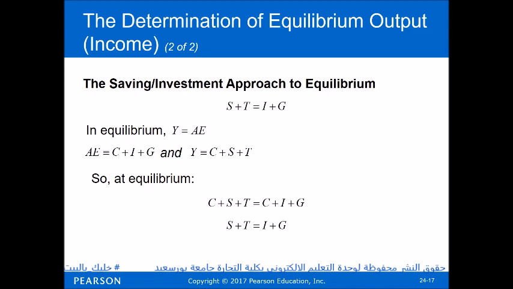We also know that aggregate expenditure, or AE, equals C plus I plus G. And we know that Y equals C plus S plus T. So at equilibrium, substituting for Y and also for AE, we will find that C plus S plus T equals C plus I plus G. This is reduced to S plus T equals I plus G.